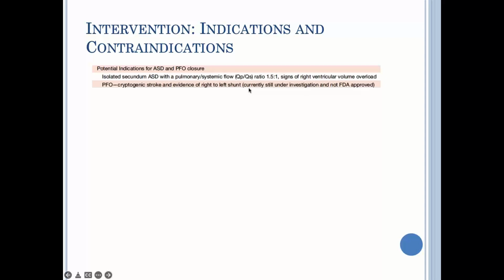Generally, the indications for closure in the old guidelines were isolated secundum ASD with pulmonary to systemic flow ratio of more than 1.5 and signs of right ventricular overload. And in terms of PFOs, cryptogenic stroke and evidence of right to left shunting.